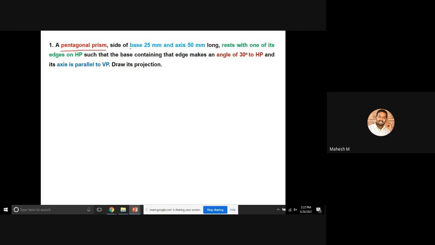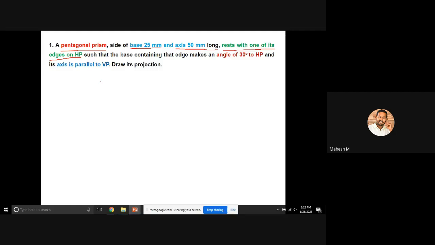It is a prism, so the pentagon will have a side value, and since it is a prism, you will also have a height value, axis of 50 mm long. The condition is it rests with one of its edges on the HP. You'll have the same condition, whether it is edges on the HP or else corners on the HP.